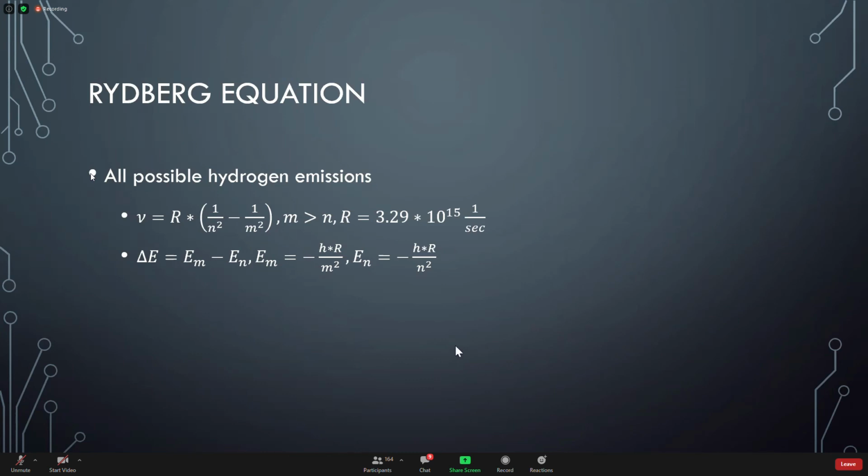That's written here below, where these are the values of the energy levels for M and N respectively. And one more key thing about this equation is that it only works for a single electron species. When we start looking at something like helium, we couldn't use the Rydberg equation because the electron-electron repulsions make things a little bit too complicated.